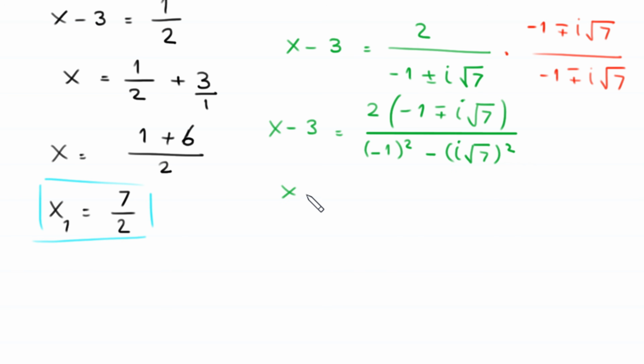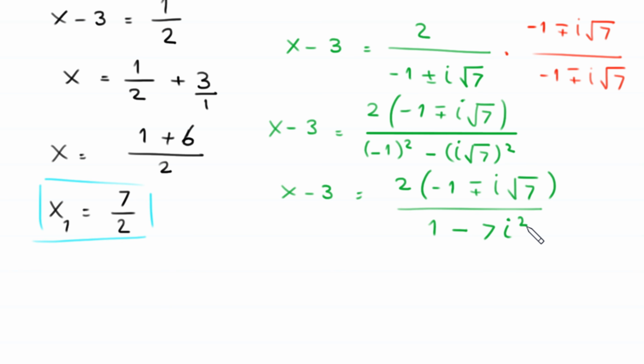Next, x minus 3 is equal to 2 times (negative 1 minus plus i times root 7) divided by, this negative 1 squared is 1, and (i times root 7) squared will become minus 7i squared.